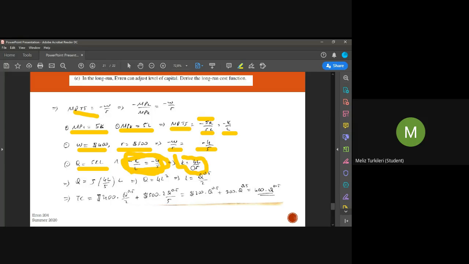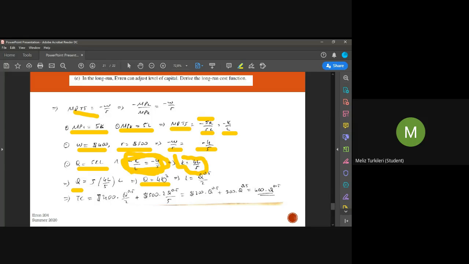If you plug this information into the quantity function, just take this 4 times L divided by 5 and plug it in as K into the production function. Then you can find that quantity should be equal to 4 times L to the power 2.